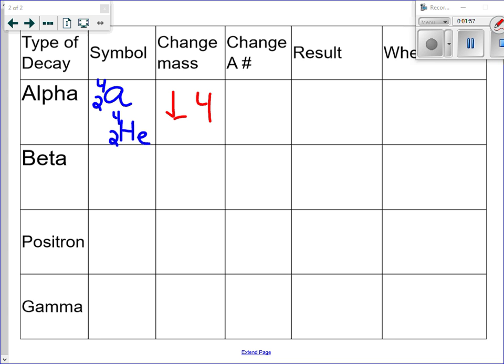But sometimes if you're really unstable, you've got to do that. Since this bottom number is a 2, that means there's 2 protons, so the atomic number is going to go down by 2. After all, the protons, the atomic number, is the identity of an element.